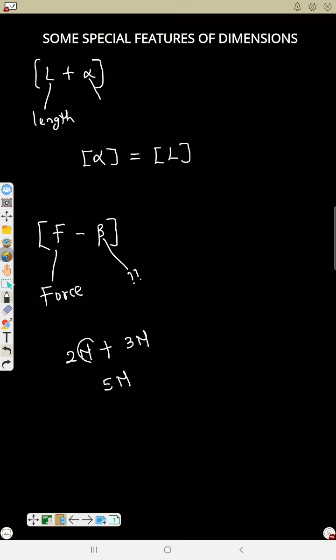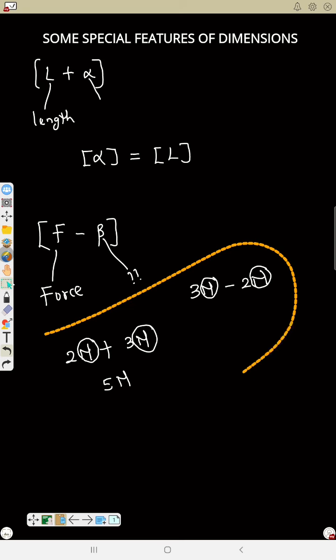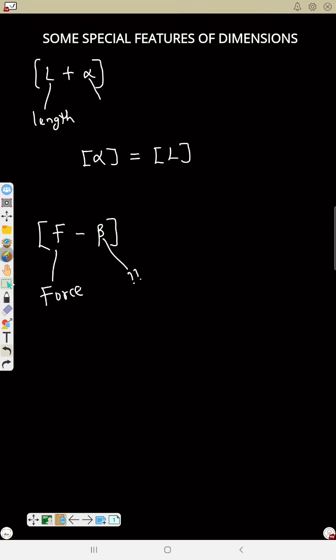That means if this one is a kind of force, this one also must be a kind of force. And if it is 3 Newton minus 2 Newton, for us to subtract, they must have the same units. That means in addition or subtraction of quantities, they must have the same dimension.